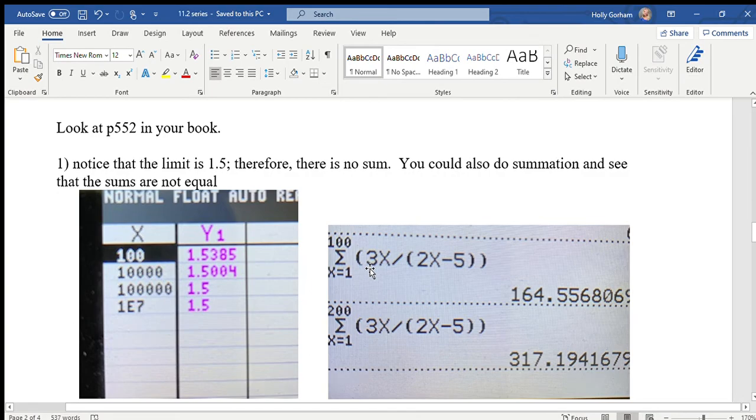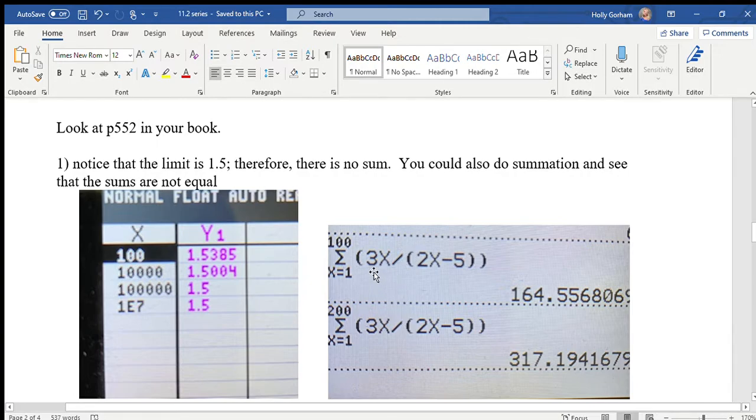I did the summation from 1 to 100, did the summation from 1 to 200, but notice that the sums are not the same. That means there is no sum to this infinite series. Also take note of how I entered it into the calculator, just as an FYI.